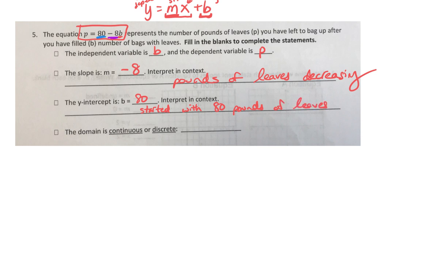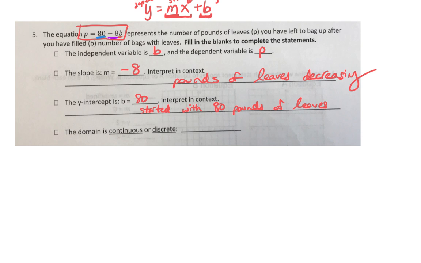And is it discrete or continuous? Well, that depends. Can we have 0.5 of a bag, 2/3 of a bag, fractions or decimals of a bag? No, you can't go to the store and buy a box of bags that says, hey, there's 23.2 bags in here.